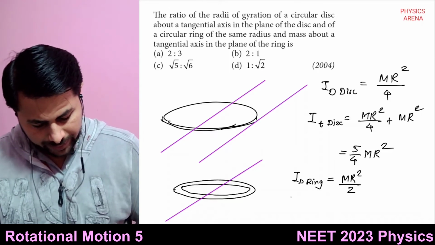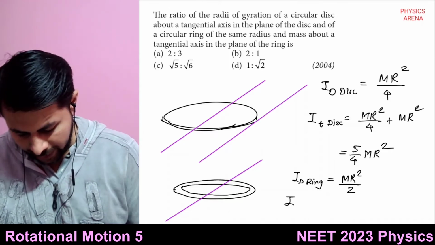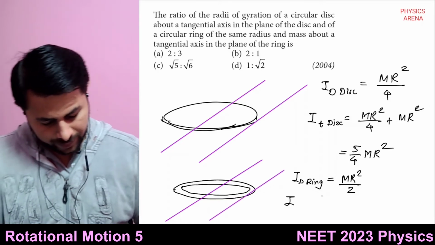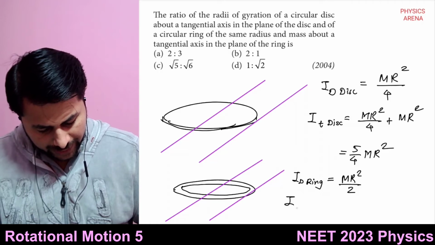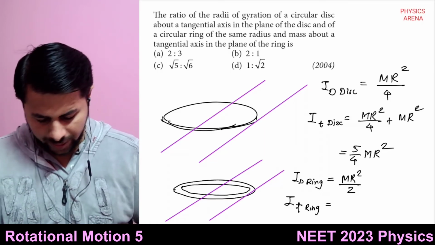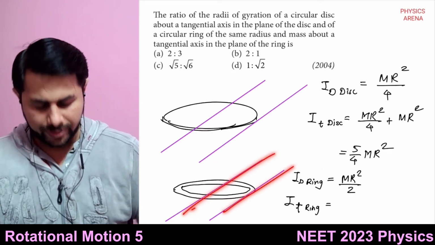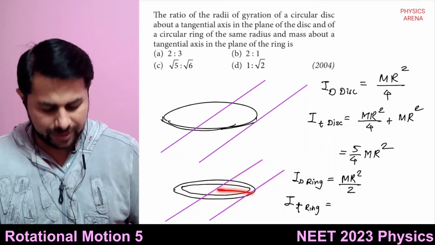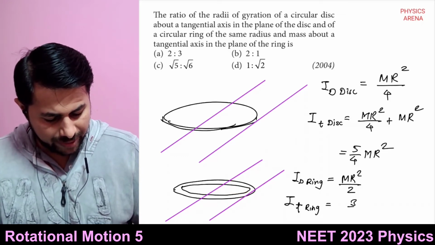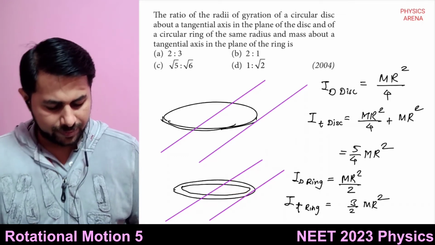Okay, and you want about the tangential axis. I about tangential axis for a ring will be mr square by 2 plus mr square, because this distance is r, using parallel axis theorem. So it is 3 by 2 mr square.